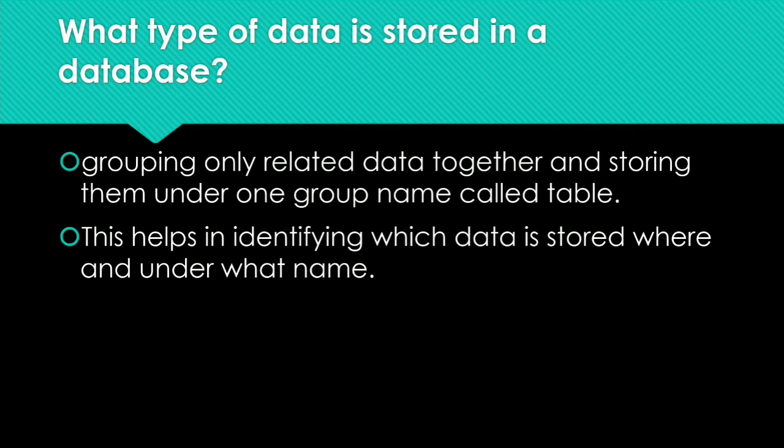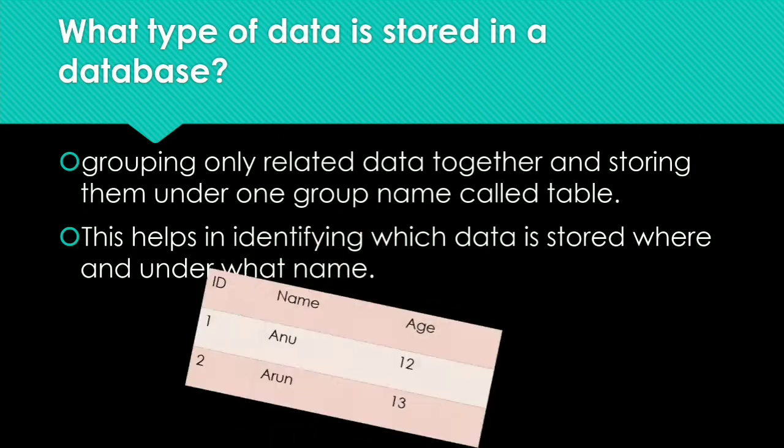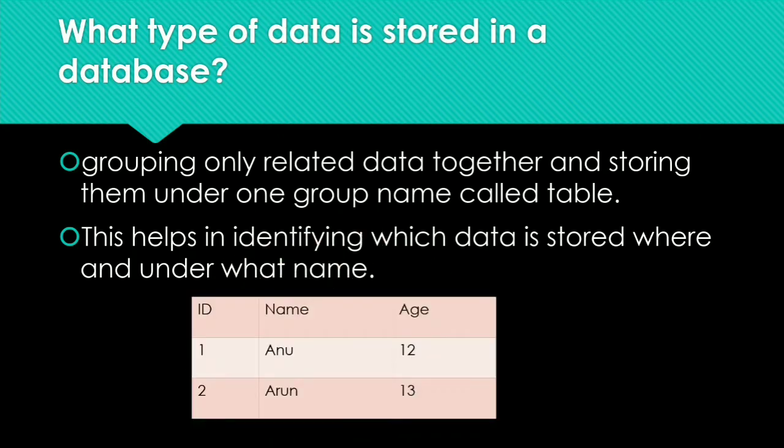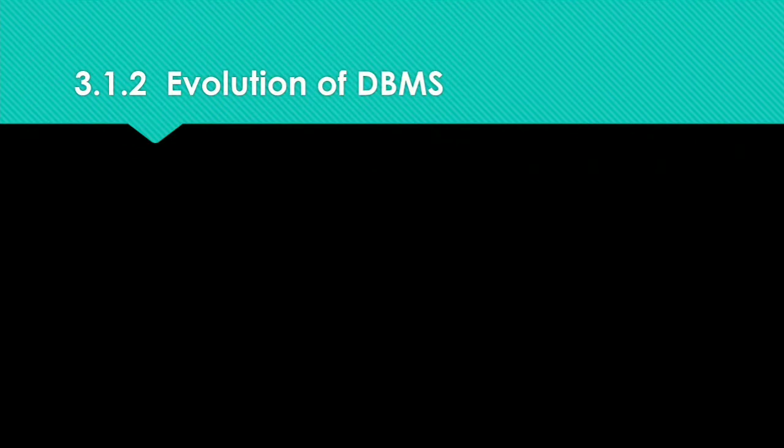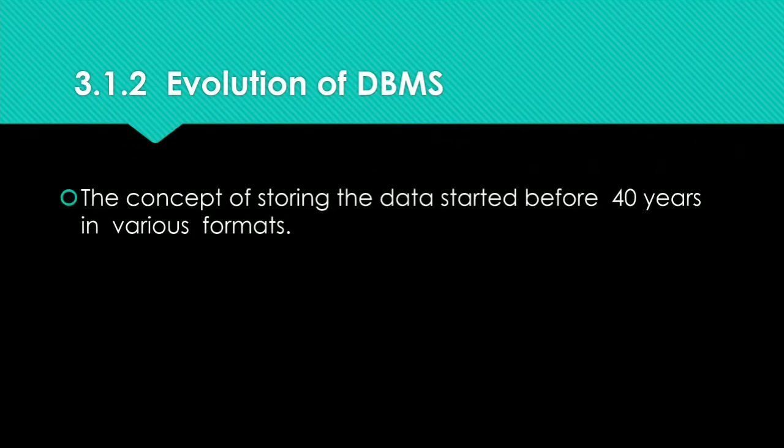Because this helps to identify where the data is stored under what name. So for example, this is a table with 3 columns named ID, name, age, and totally 2 records are stored, 2 rows are inserted.